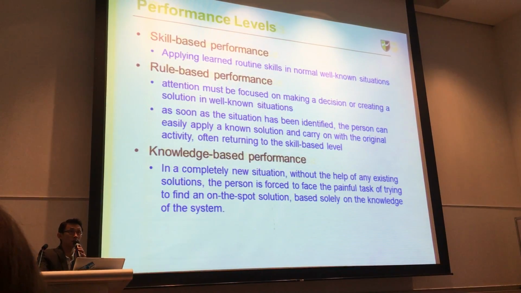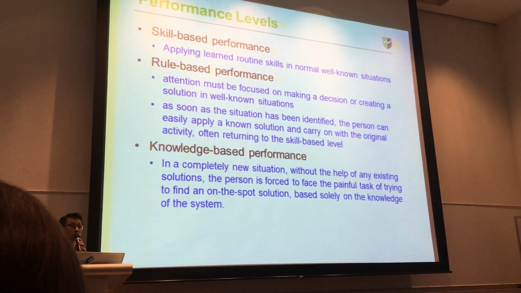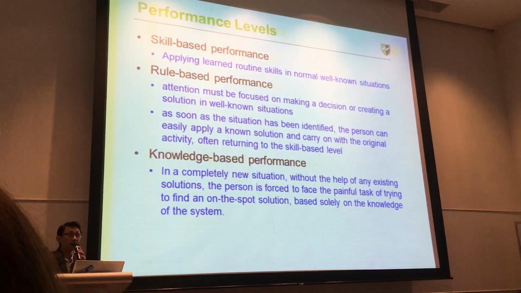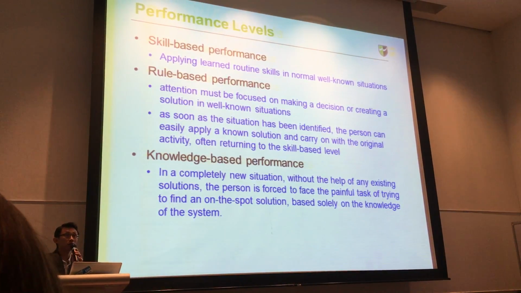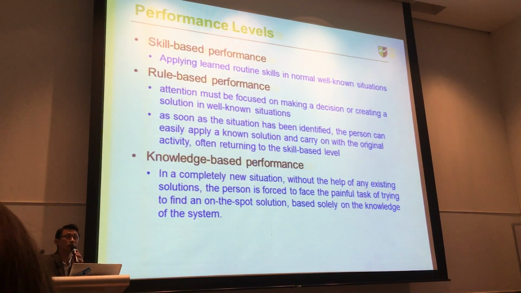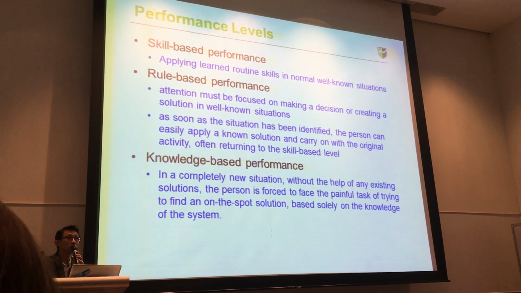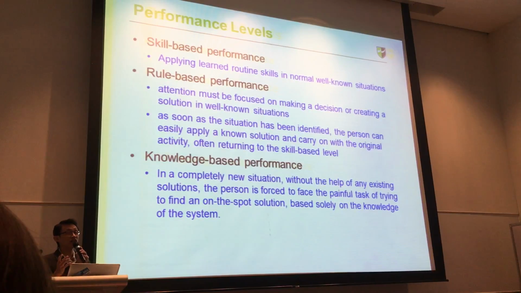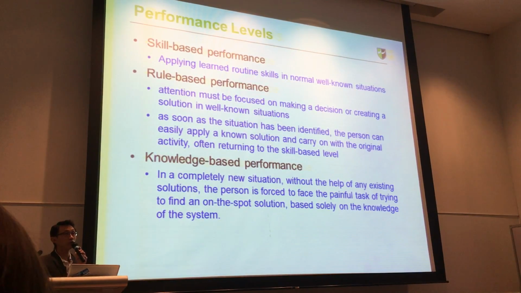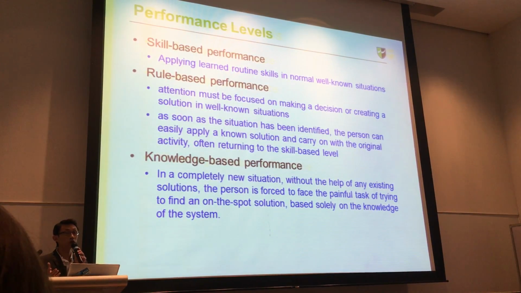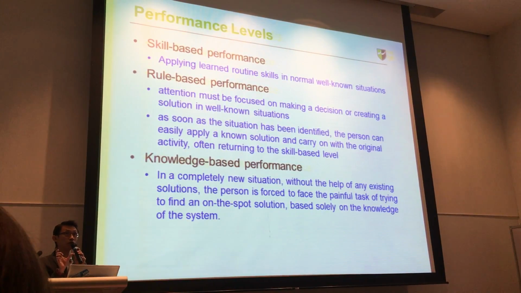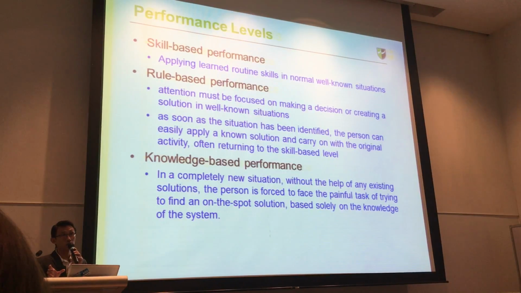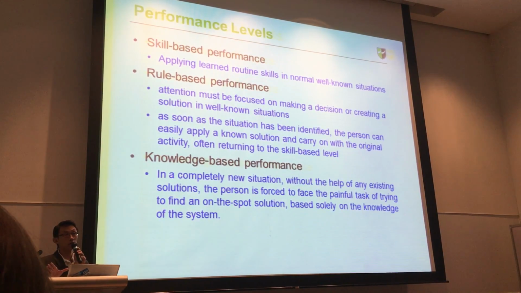The last one is the highest level one, the knowledge-based performance. What is this all about? The problem has not happened before. If you are a licensed aircraft engineer and we send you out to work, and this new problem has occurred on an engine that has never happened before, and nobody knows how to solve it, then you have to base it on your knowledge of the engine, your experience, your skill sets, whatever you can get your hands on.